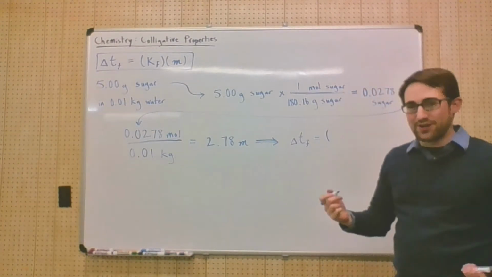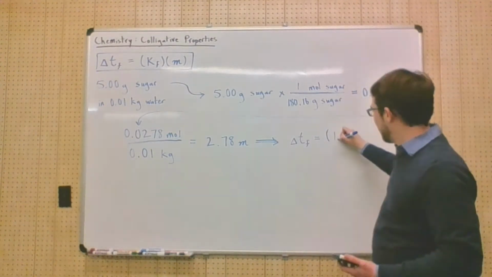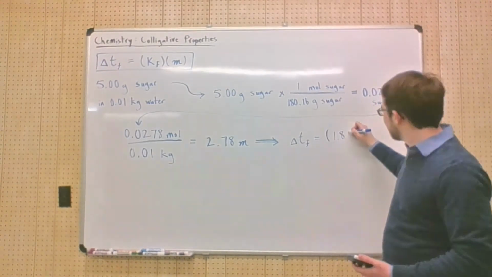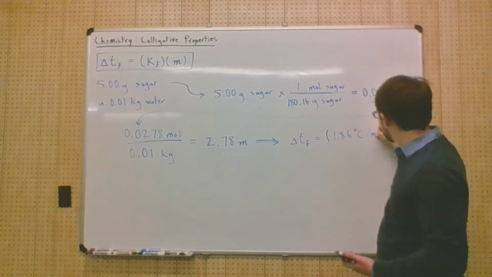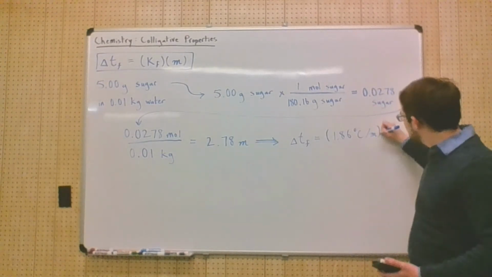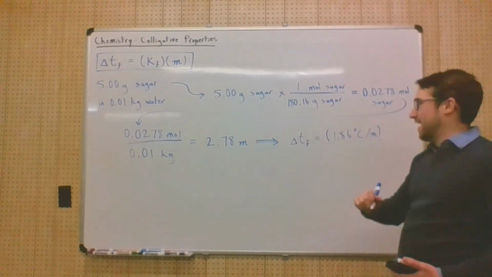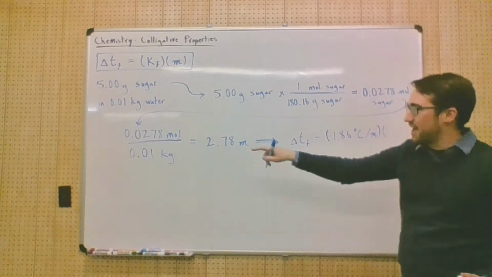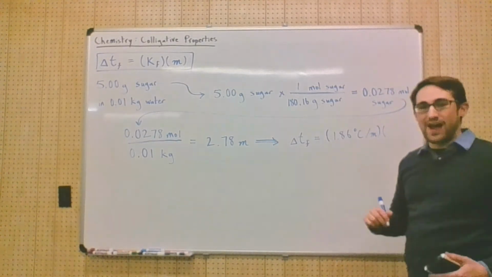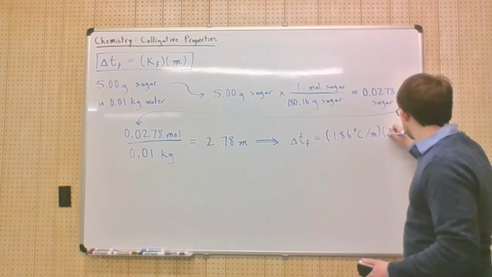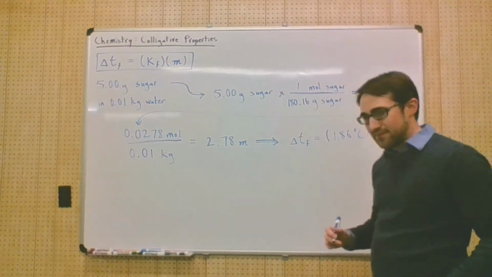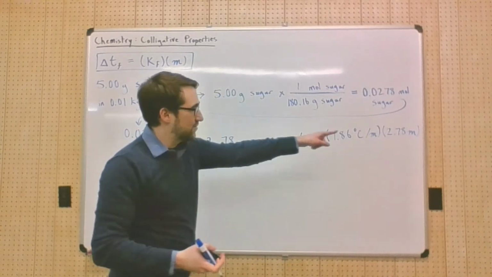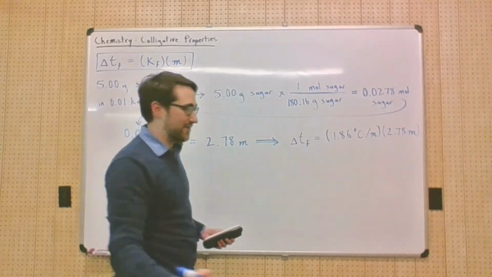We're dissolving in water, so again, it's going to be 1.86 degrees C per little m times the 2.78 molal I just calculated. My little m's should cancel out, and I should get my answer.